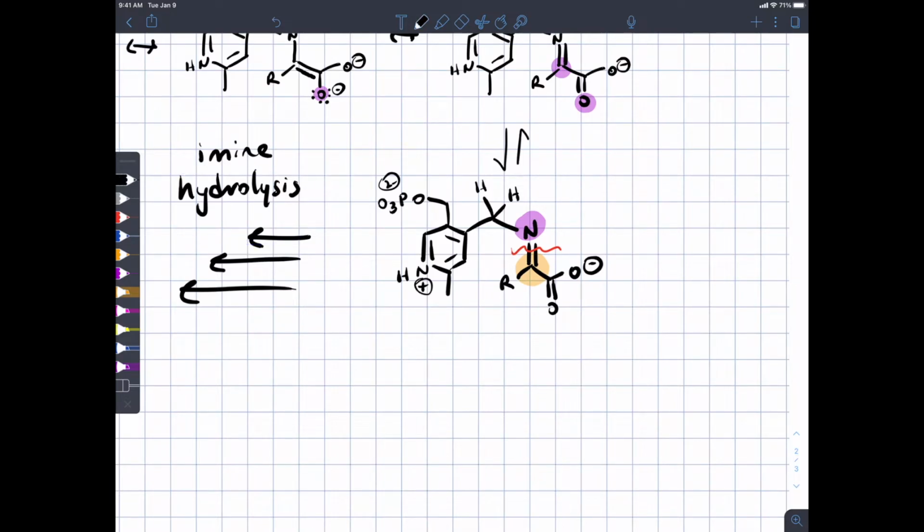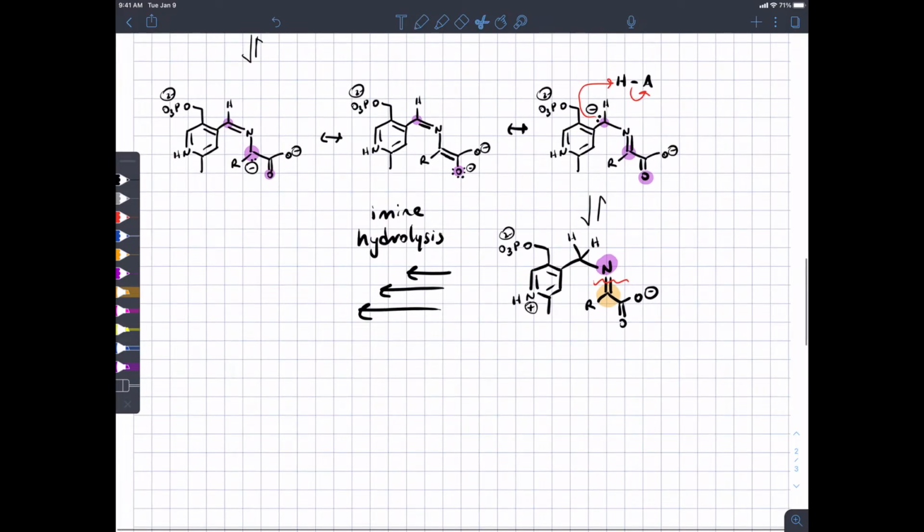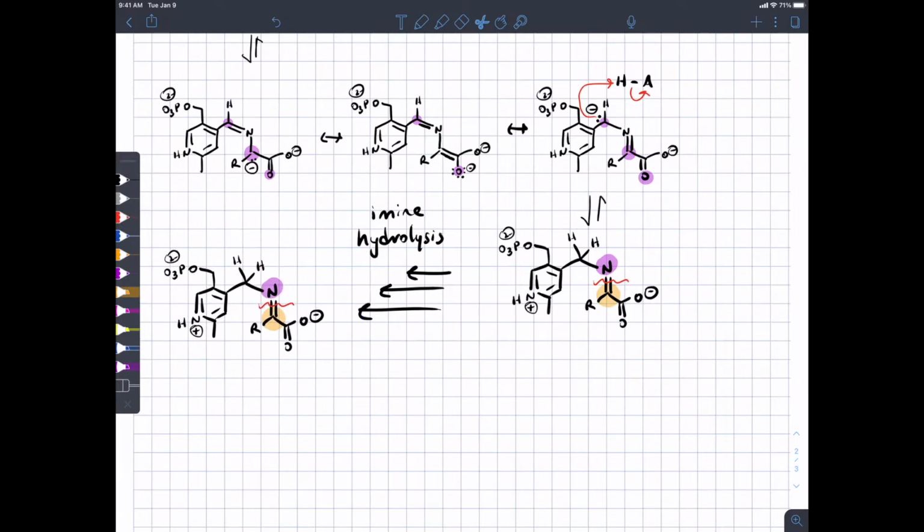We can talk it through though. The first thing you would need to do is protonate the imine nitrogen to make the iminium. Then you would have water attack. Okay, does that make sense?